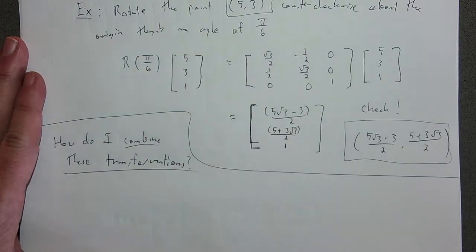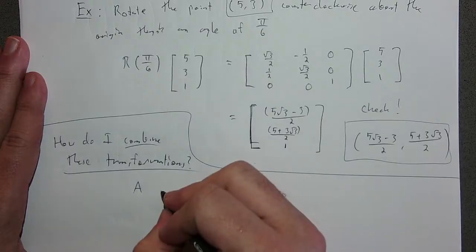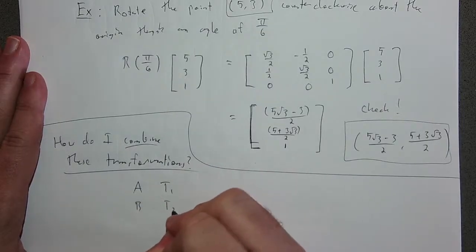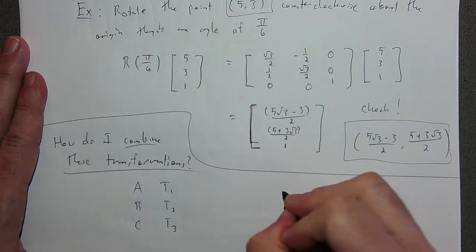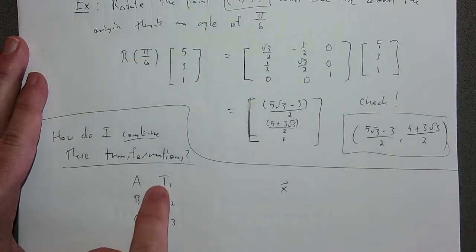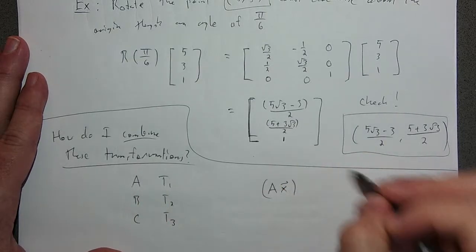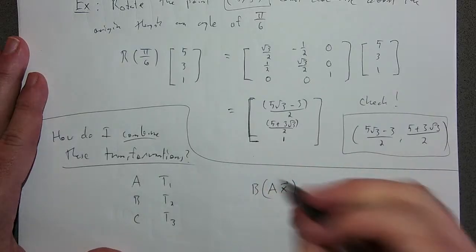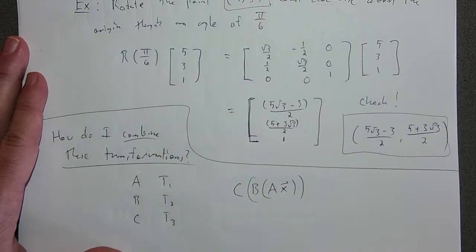In fact, we had a way of doing it. If matrix A did transformation 1, matrix B did transformation 2, and matrix C did transformation 3, and I start with an initial point x specified as a vector, then I do transformation 1 by multiplying on the left by A, then I multiply on the left again to do transformation 2, and then I multiply on the left again by C to do transformation 3.